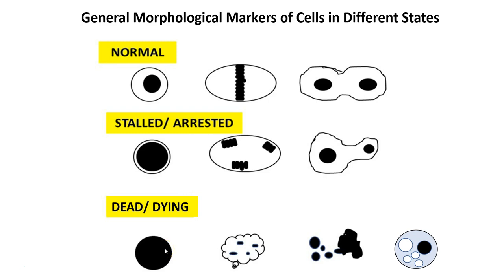If you're looking at stained slides of cells, where you've removed the floaters, they will show up as really dark, stained, almost 3D-looking balls. The difference between this and a stalled or arrested cell is that there is no nucleus inside.